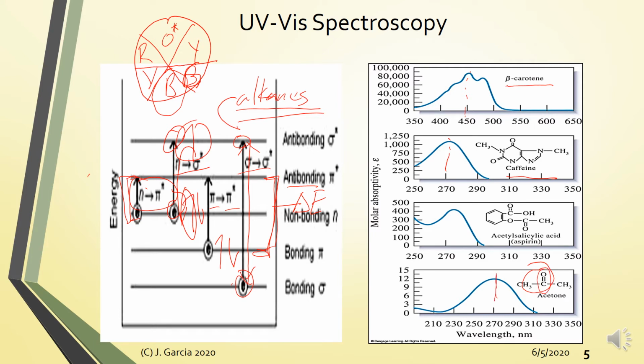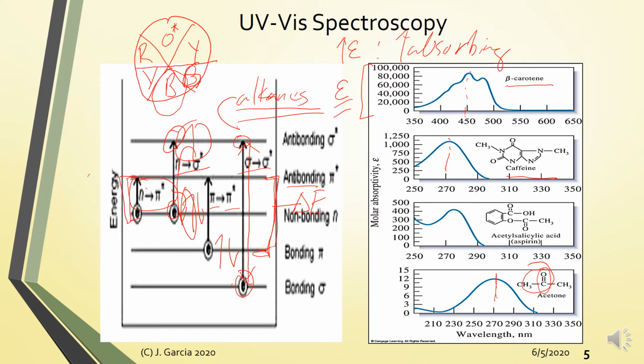By the way, in this particular spectra, the y-axis is the molar absorptivity, epsilon. Remember that the molar absorptivity is a measure of how capable your molecule is of absorbing electromagnetic radiation. The higher the molar absorptivity, the more absorbing the molecule is towards UV-Vis radiation.